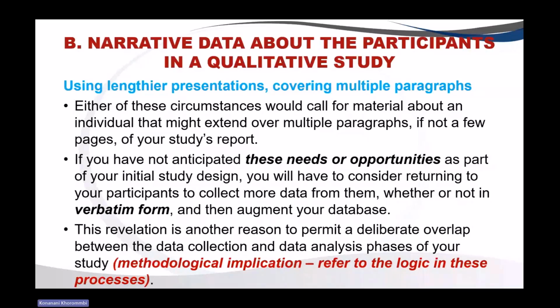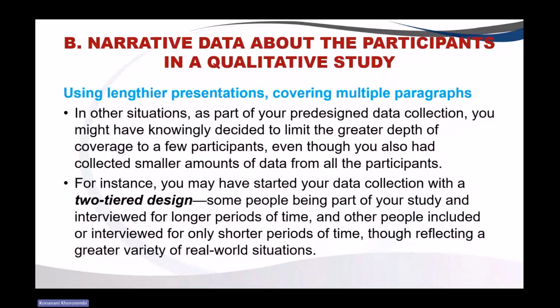In other situations, as part of your pre-designed data collection, you might have knowingly decided to limit the greater depth of coverage to a few participants, even though you also had collected smaller amounts of data from all the participants. Now, you might have deliberately not collected enough. You have collected little from those people who are your participants or your respondents.